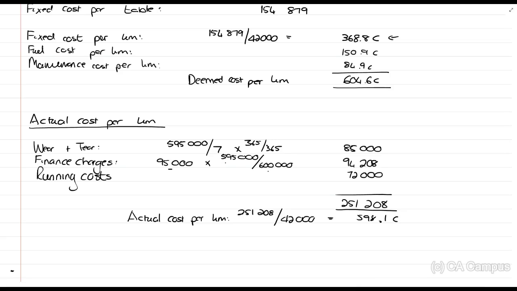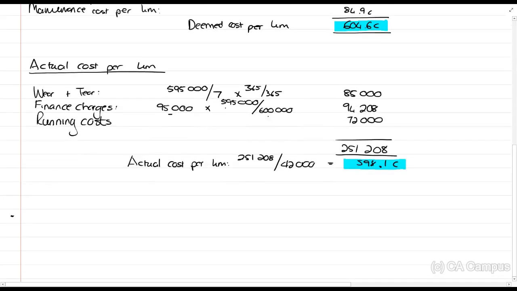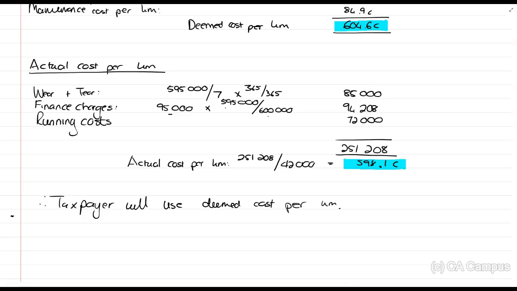So the taxpayer can now use either 604 or 598. You want to make your tax deduction as high as possible so that you pay the least amount of tax. So thus, Prudence will use the deemed cost per kilometer.